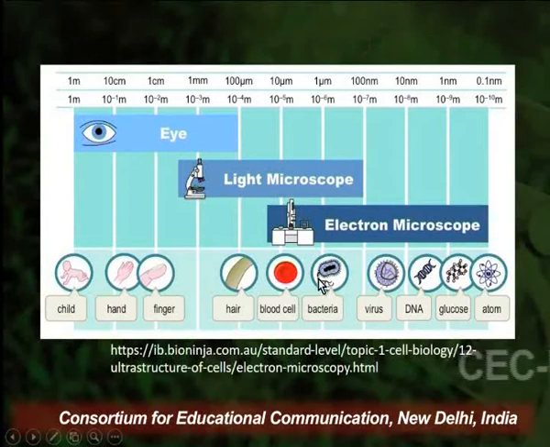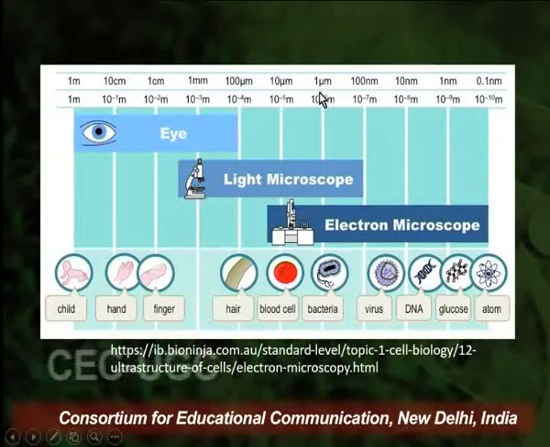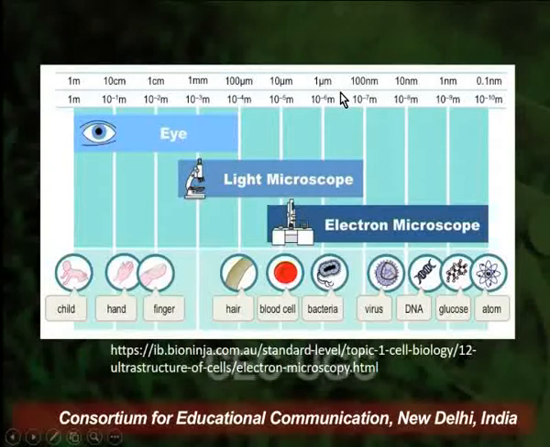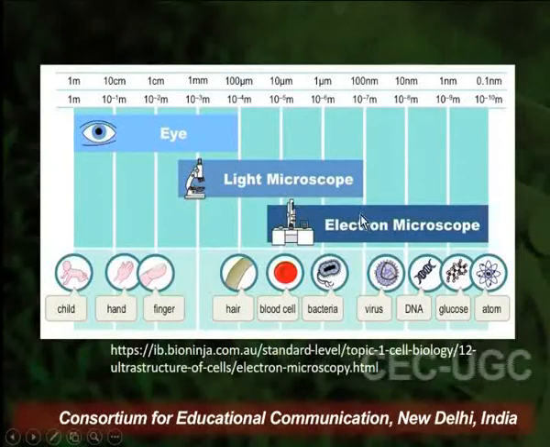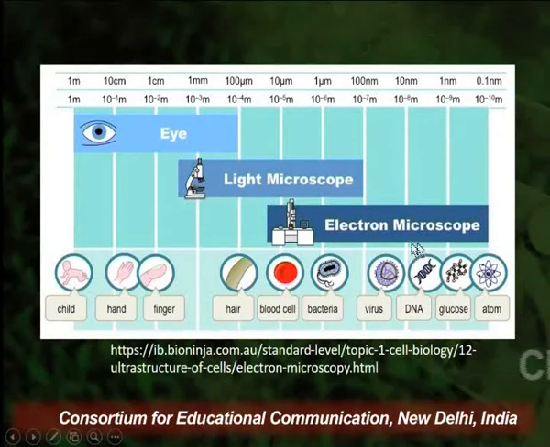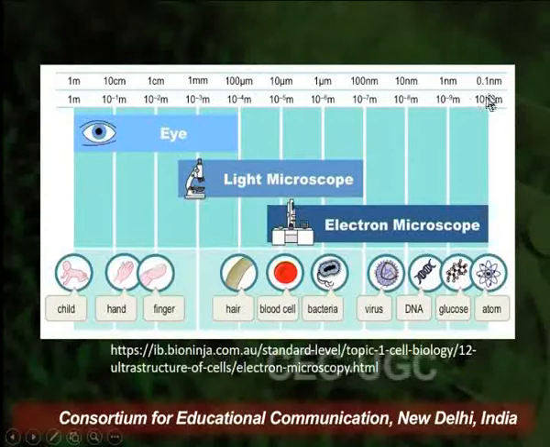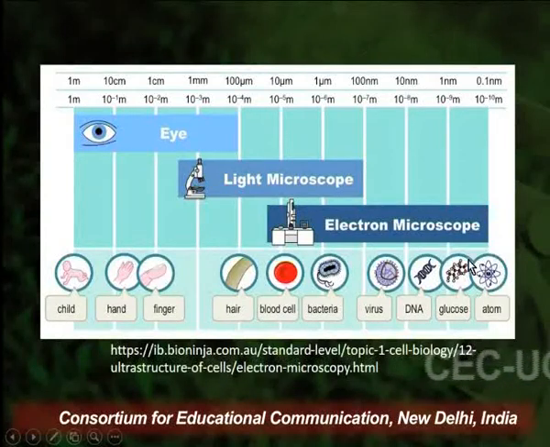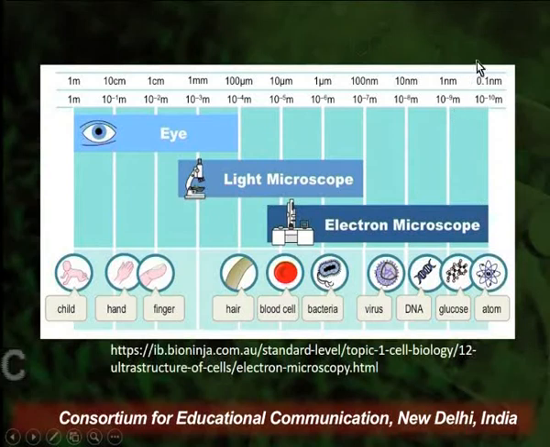A bacteria will have a dimension in the range of 1 micrometer only. Similarly, a DNA molecule will have a dimension in a range of 10 nanometers, and an atom will have a range of merely 0.1 nanometer.